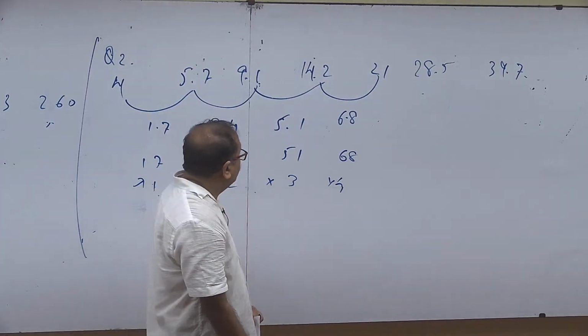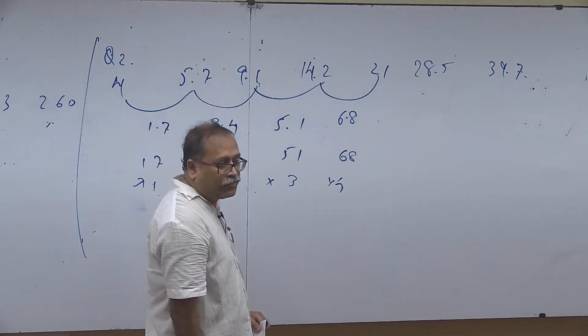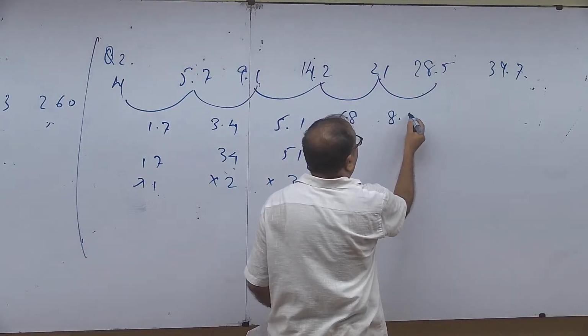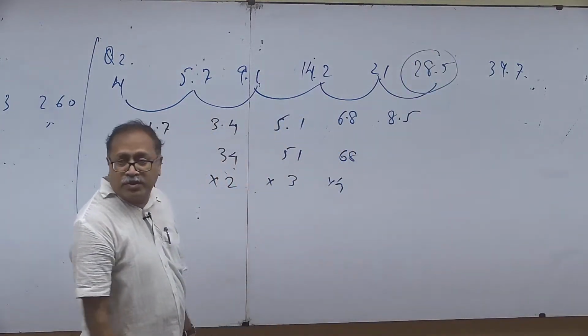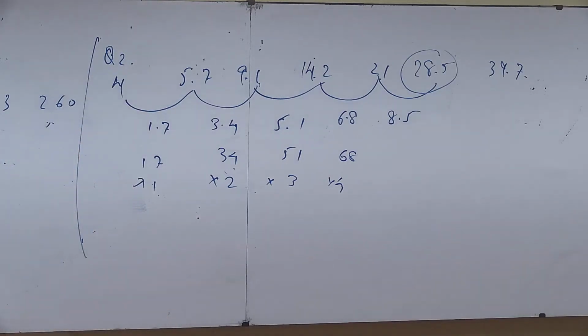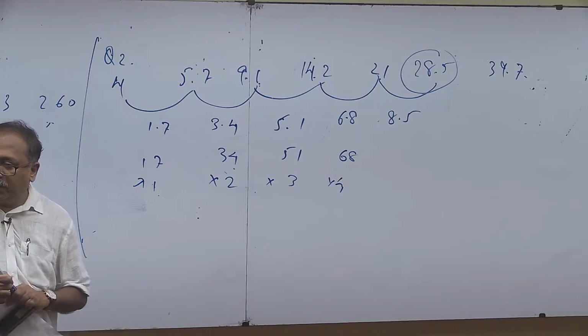The next one is 17.4, 17.5, and 17.5 is 85. So the difference from here to here should be 8.5. So I notice that this is the wrong number. That should be 29.5. Yes or not? Okay, so write this down.